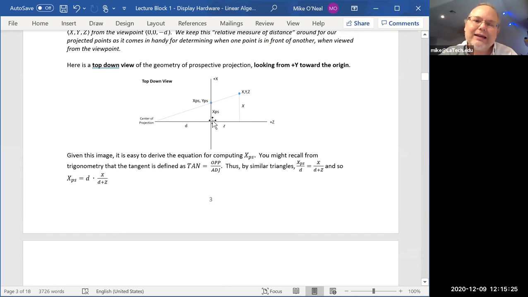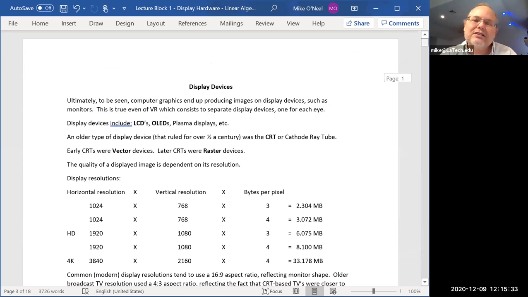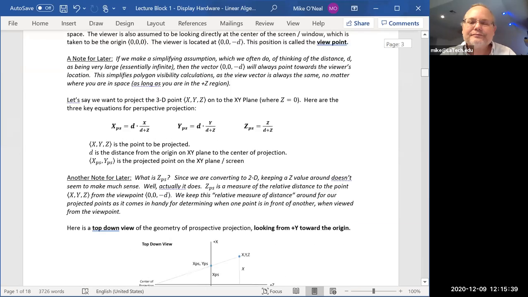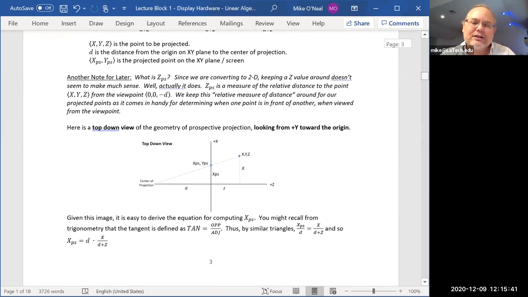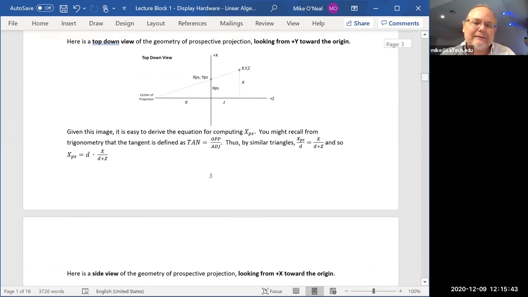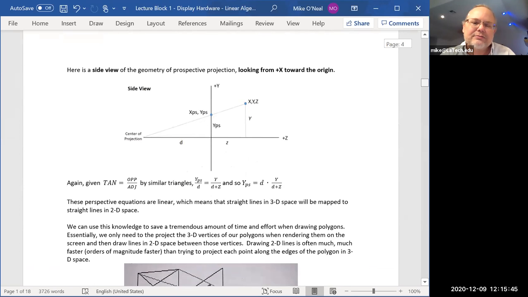So this plane, the XY plane where Z equals 0, is what we're going to actually map to our flat display device, right? That's how we're going to do that. Questions about that? Any questions about that?